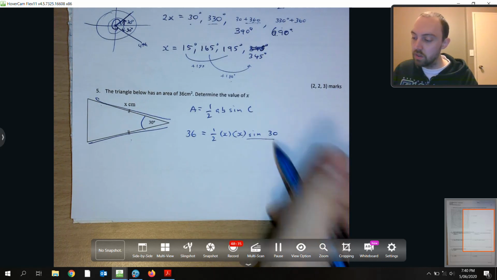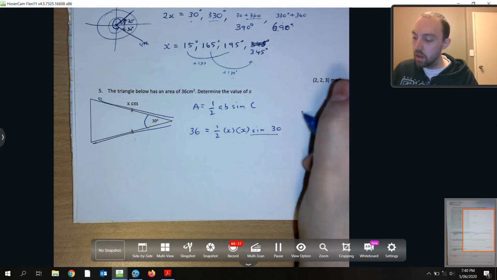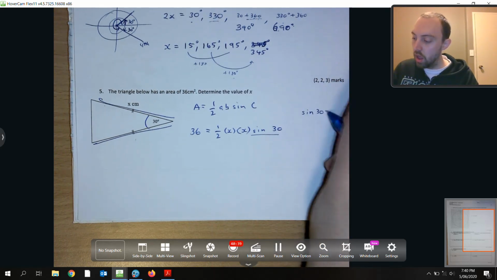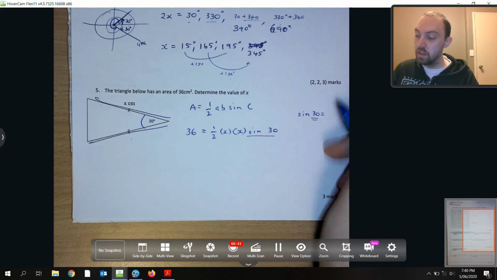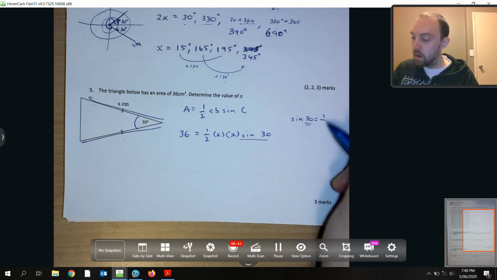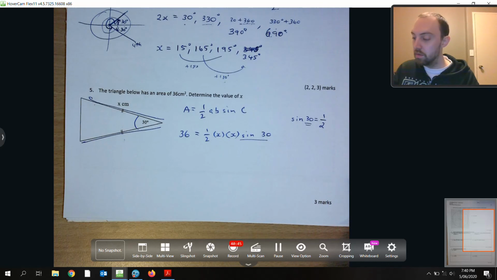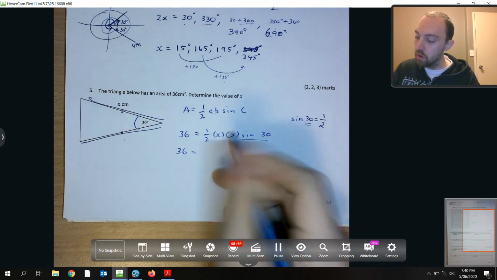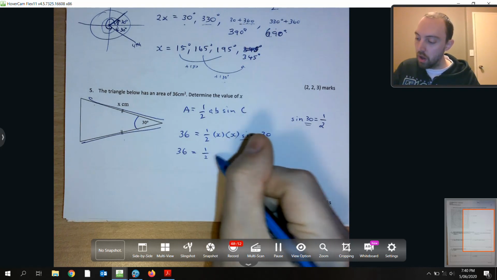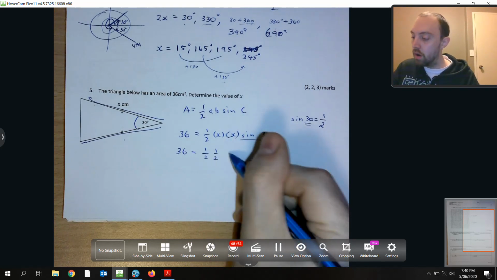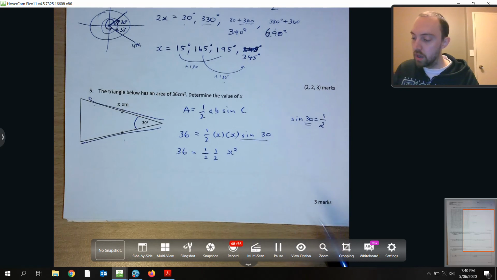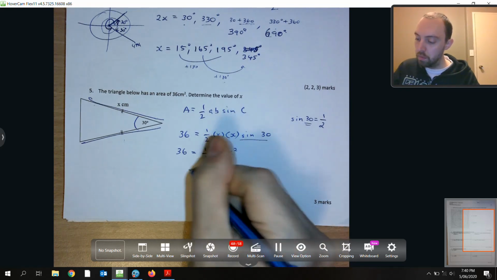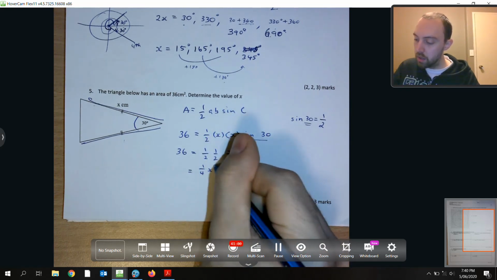Exact values should tell us that sine of 30 degrees is one of the values we need to be able to recognize. Sine of 30 is half. So I've got 36 is equal to half of a half of x squared, or a quarter of x squared.